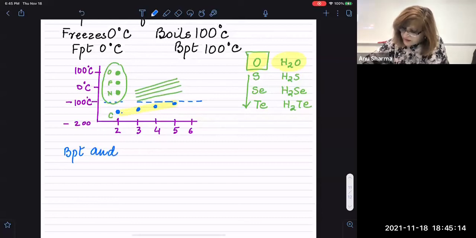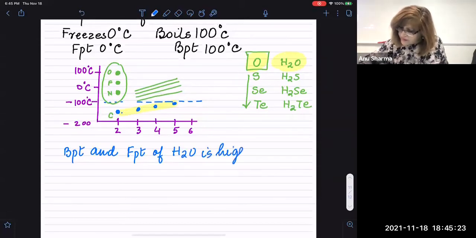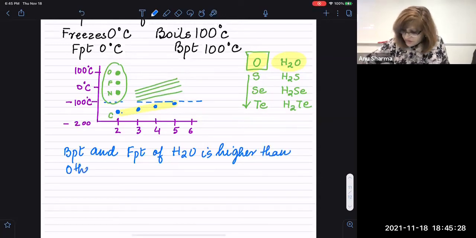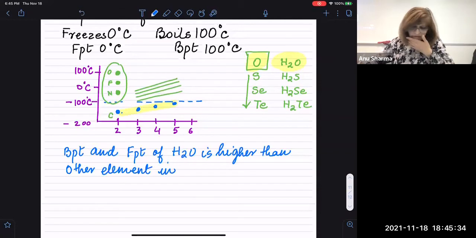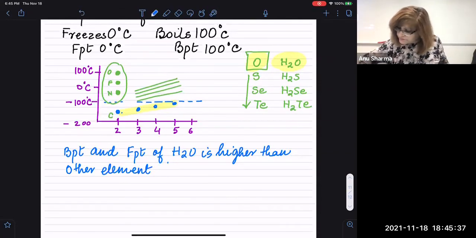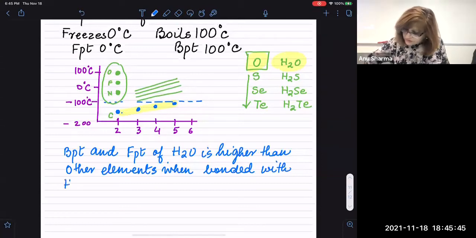and freezing point of water is higher than other elements when bonded with hydrogen, in group 6 and period 2.